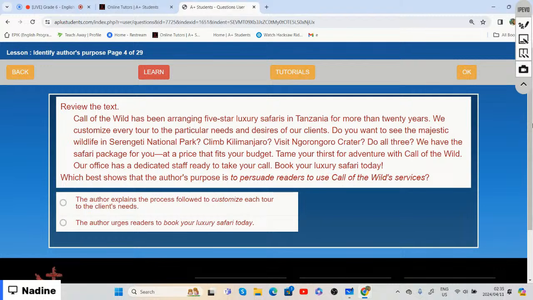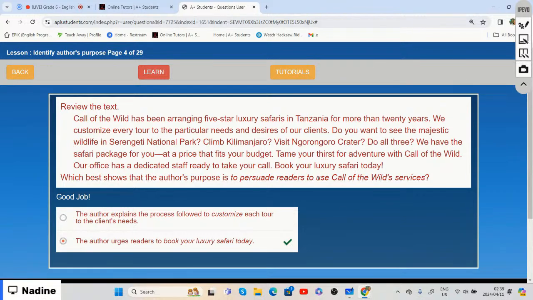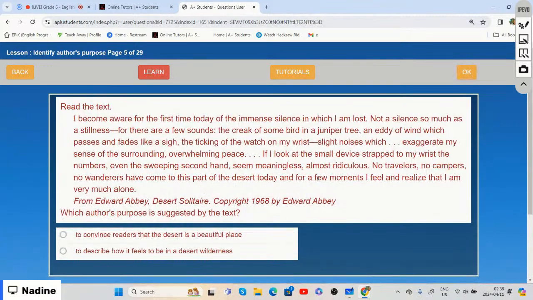Here it says the author urges readers to book your luxury safari tour today. So that is persuading, pushing the readers to basically book a safari.